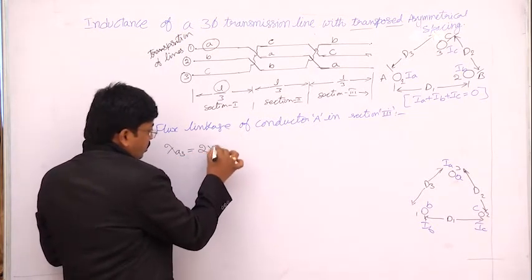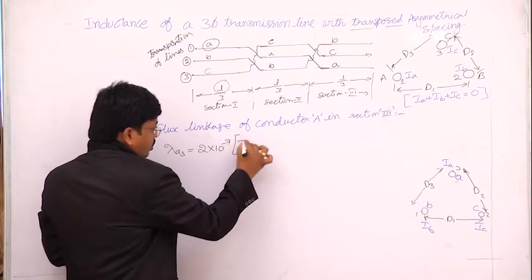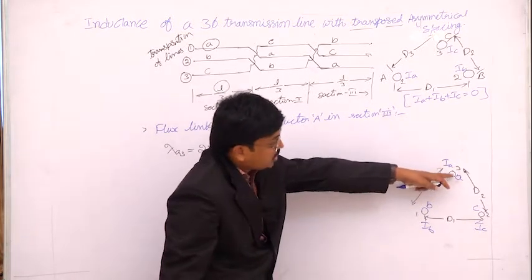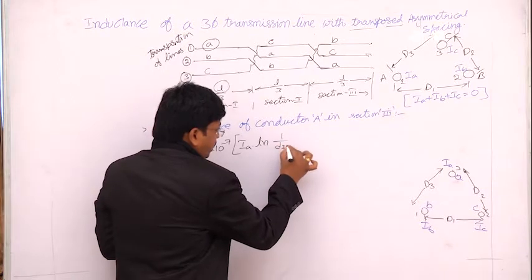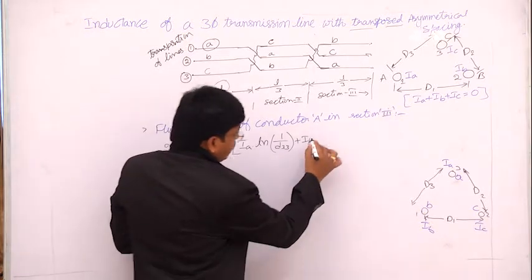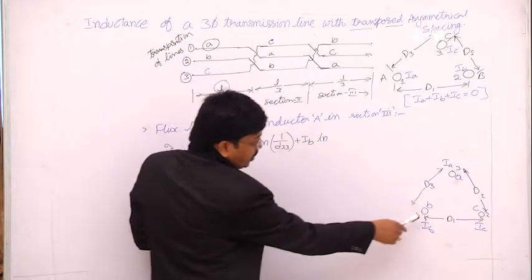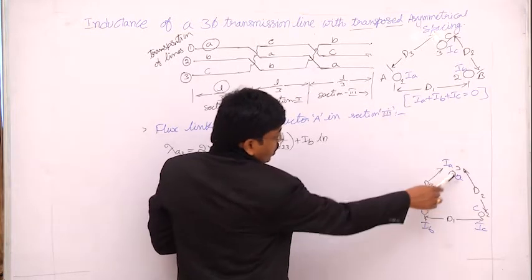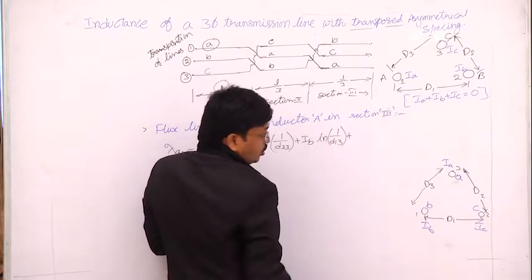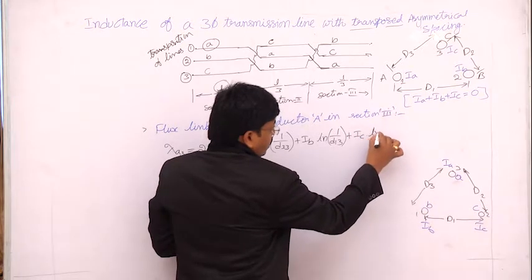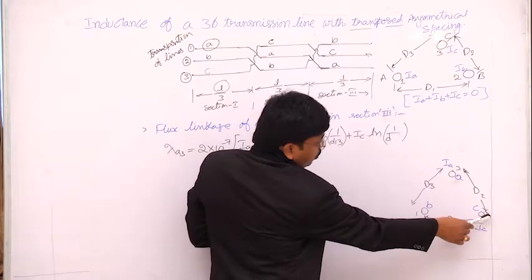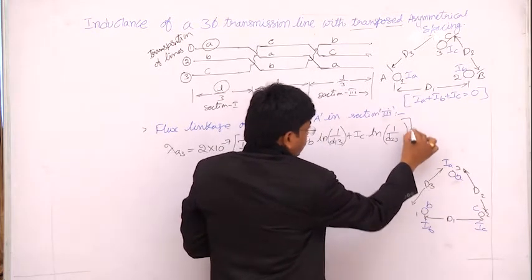We can calculate it as 2 into 10 power minus 7 into IA into logarithm of 1 by D33, since phase A occupies the third position, plus the flux linkage due to phase B current, that is IB into logarithm of 1 by D13, since phase B occupies position 1, so the distance is between position 1 and position 3, plus due to phase C current, that is IC into logarithm of 1 by D23, since C occupies position 2, so from position 2 to position 3 I have taken D23.